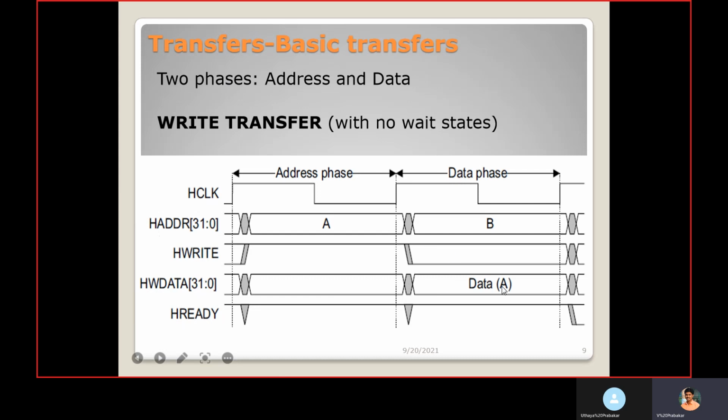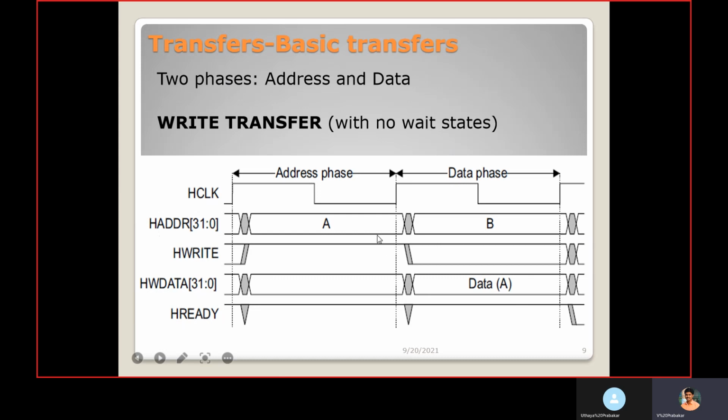Here, this is the data phase for A, and also this is the address phase for B. The next transfer address will be assigned here, and the corresponding value for B, in case you perform a read operation or write operation, will happen in the next cycle. So that is called the pipelining concept.